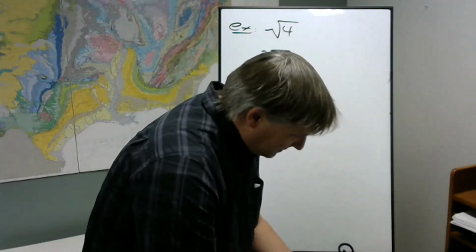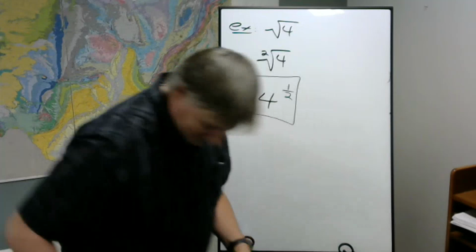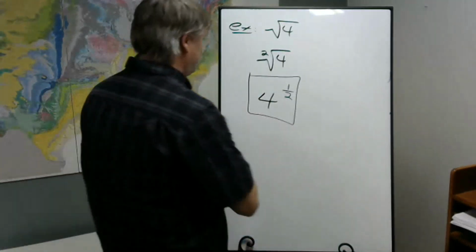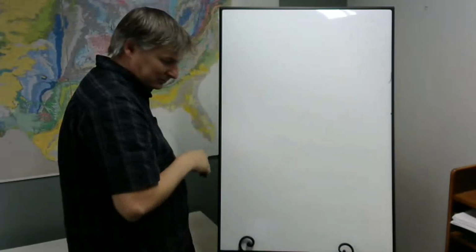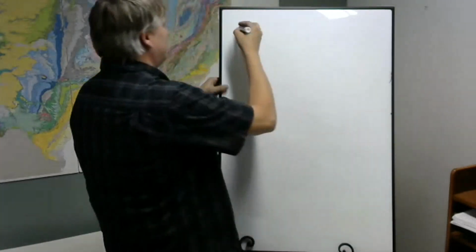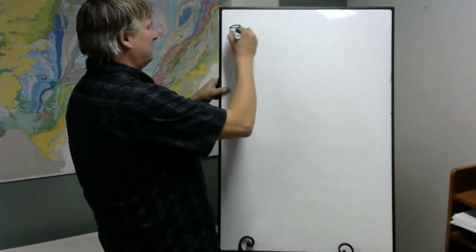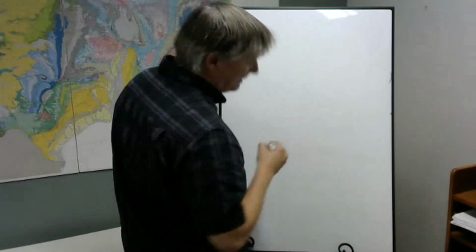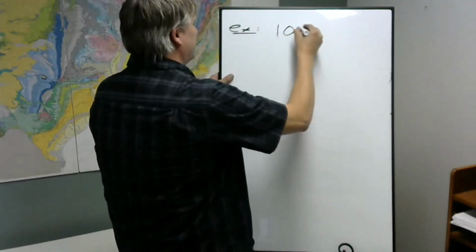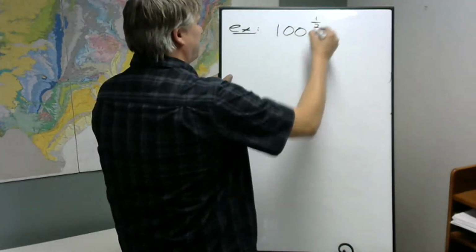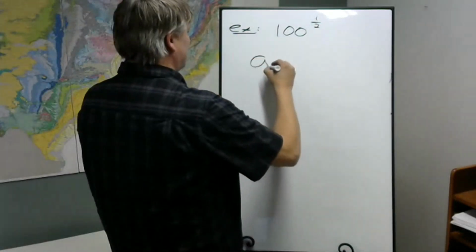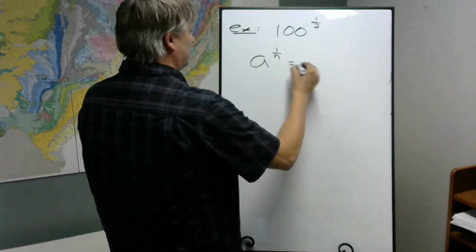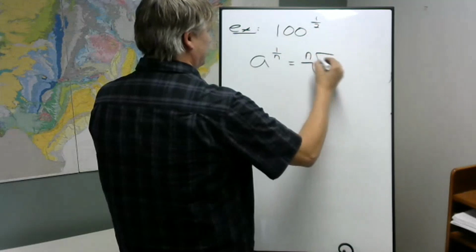So let's do some examples here. Let's say we have 100 to the 1/2. Now remember, we're going to use the fact that 1 over n implies the nth root.